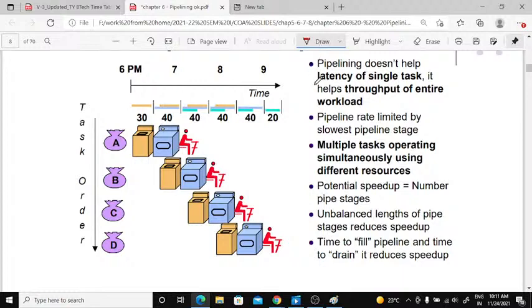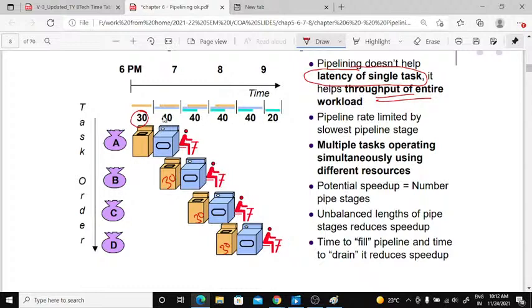So the main advantage of this pipeline is it does not help the latency of the single task. Means it will take the same time for the washing machine, it takes 30 minutes only for every load. So it does not help in reducing the latency of a single task, but it helps only in the throughput of the entire workload.